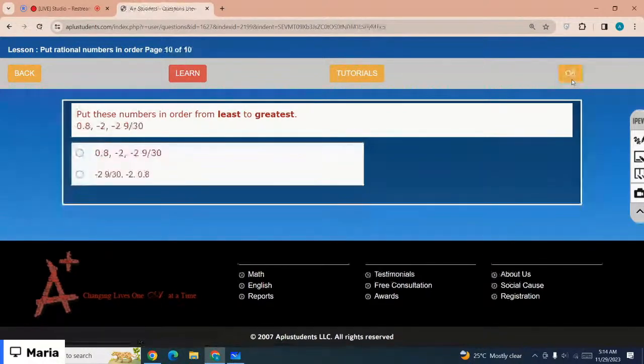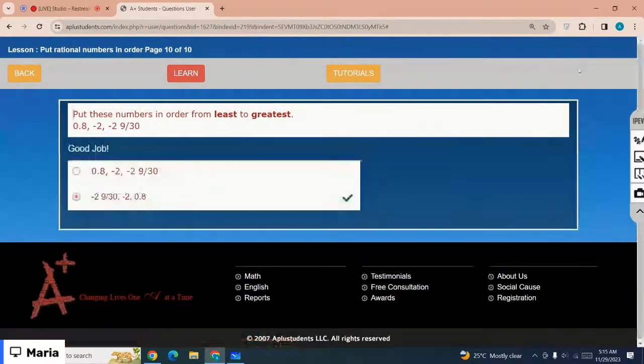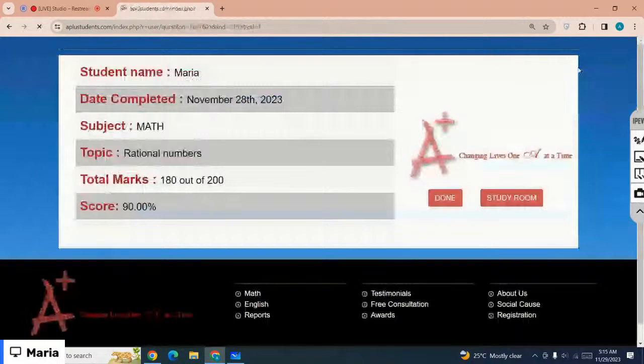Okay, put these numbers in order from least to greatest. You have to write them from least to greatest. So which is the correct option? Yes, very good. 2 is the correct option, right? Okay, we are done with the lesson. Let's just move on to the next lesson.